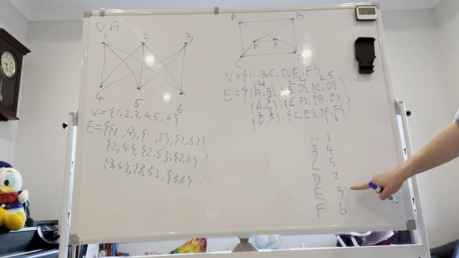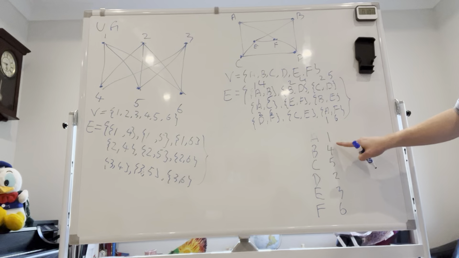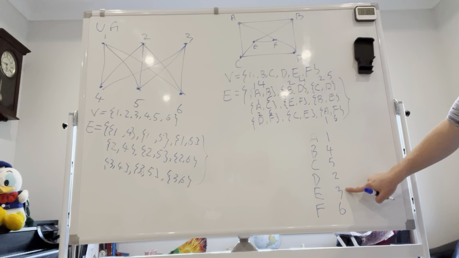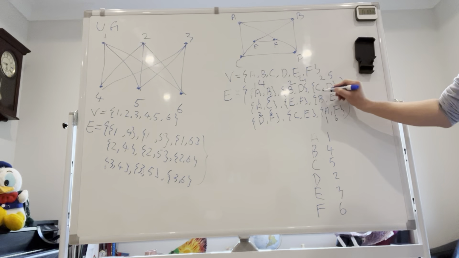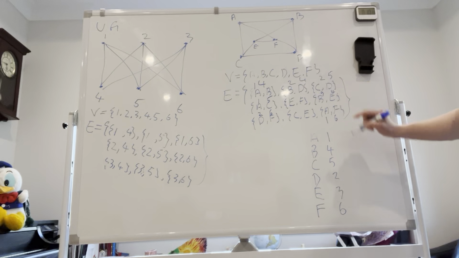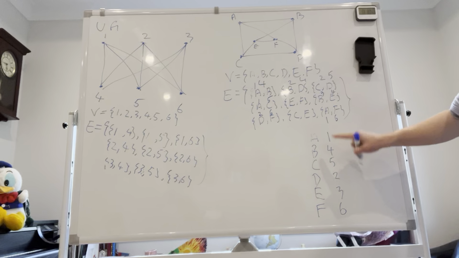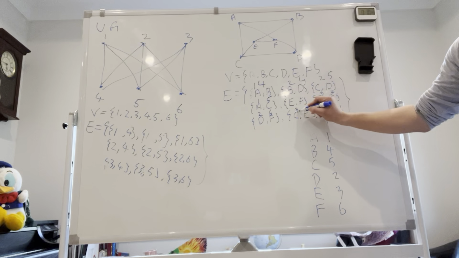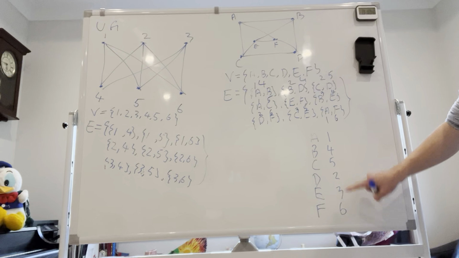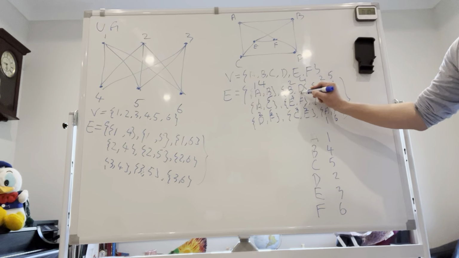And then finally E is 3. We have BE, so this is 3, 4. And then we also have CE, so therefore 3, 5. EF, that's 3, 6.